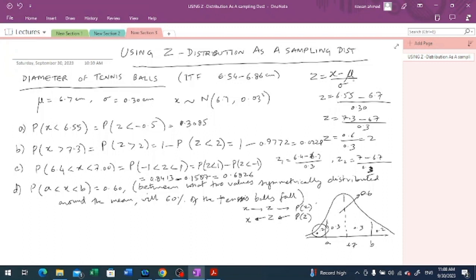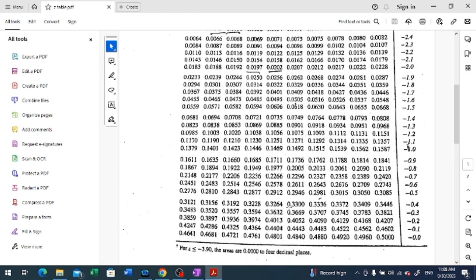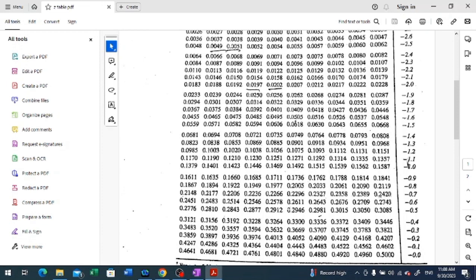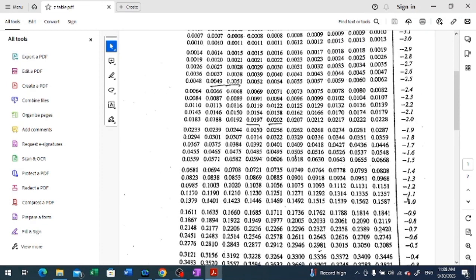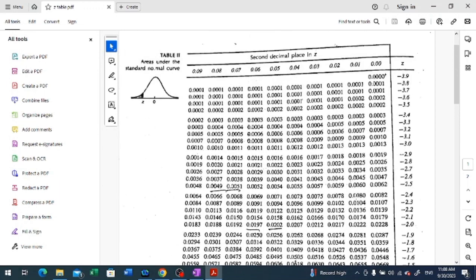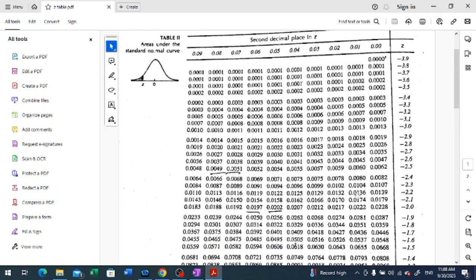So if you go to the table and try to find the probability of 0.2, you have to consider necessarily that the probabilities are given inside the table, not outside. Students may come up with this error of taking this 0.2 probability given in the question as the z value.